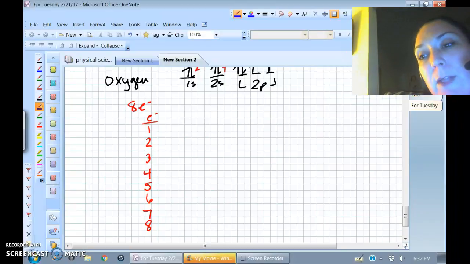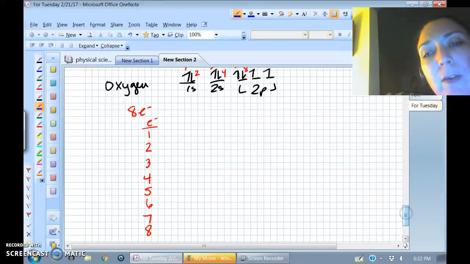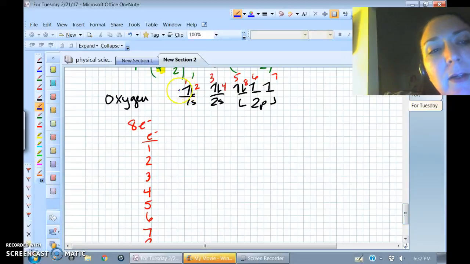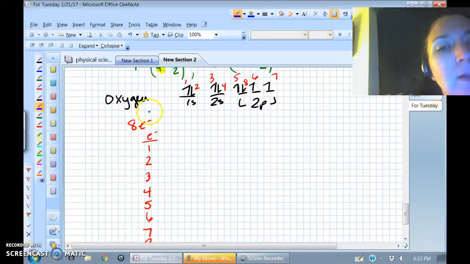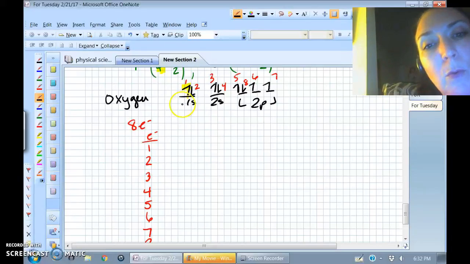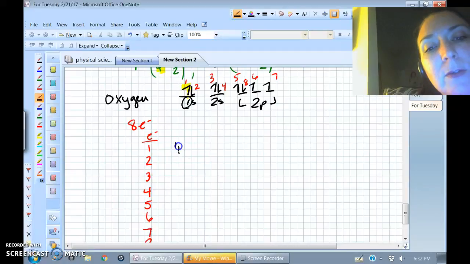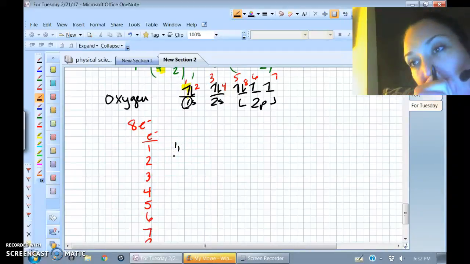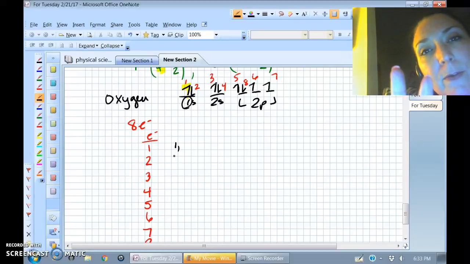Alright, we'll take a look at your very first electron. It is this one right here. Now, it is in energy level 1. So this first quantum number refers to energy level, so its first quantum number is 1, comma. The second quantum number refers to the sublevel.